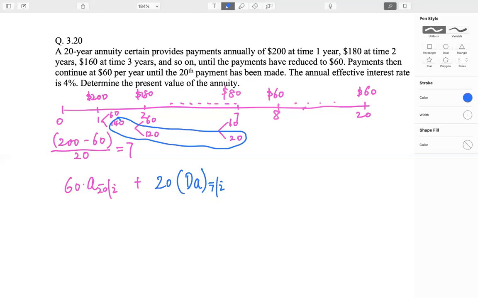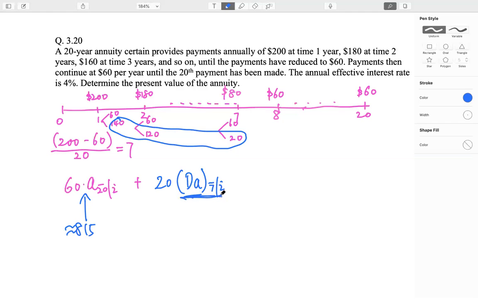So you know there are 7 payments, right? The biggest one is 7. It's decreasing. The amount of decrease is 1. That's why we have a standard one. Okay, so this part you can easily calculate from your calculator. It's about 815 for the first part.